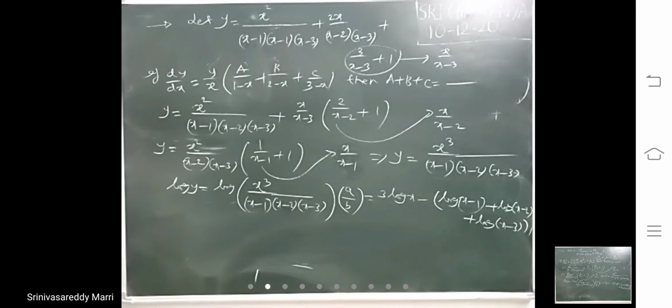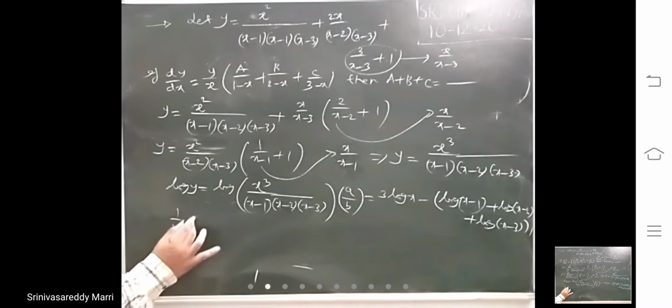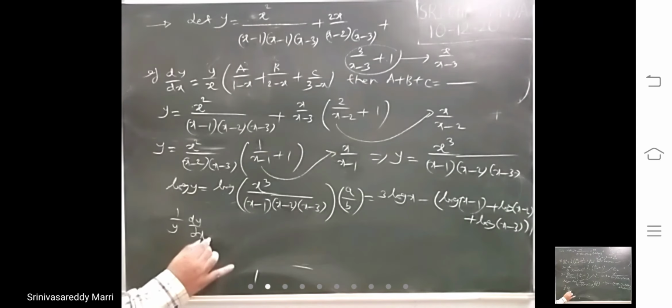Whenever the factors are there, if you apply logarithm, it will become easy. Now doing derivative on both sides, log y equal to this. Now this, d by dx of this is what? Doing derivative with respect to x on both sides.